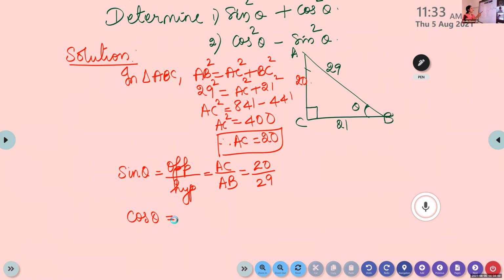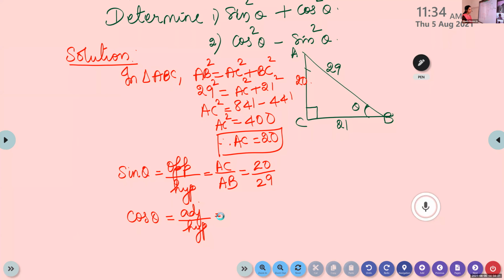What is the definition of cos theta? Meghna, what is cos theta? Adjacent by hypotenuse. Okay. So what about the adjacent side?